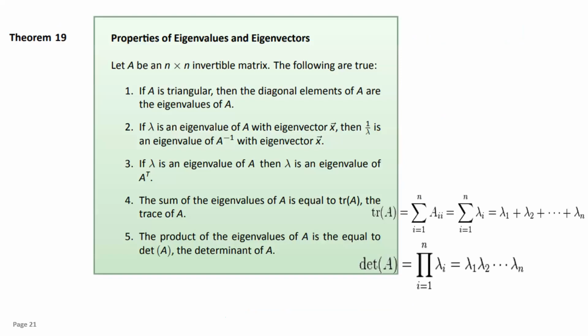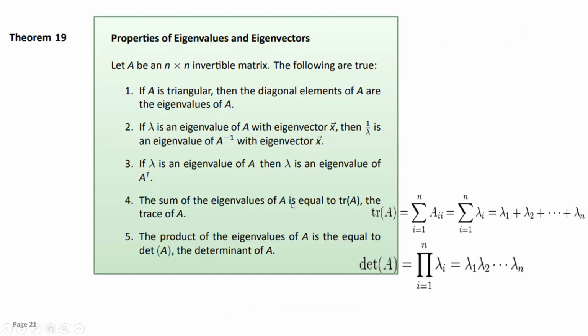These are some of the properties of eigenvalues and eigenvectors. If A is triangular, then the diagonal elements of A are the eigenvalues of A. If lambda is an eigenvalue of A with eigenvector x bar, then 1 by lambda is the eigenvalue of A inverse, and lambda is also an eigenvalue of A transpose.